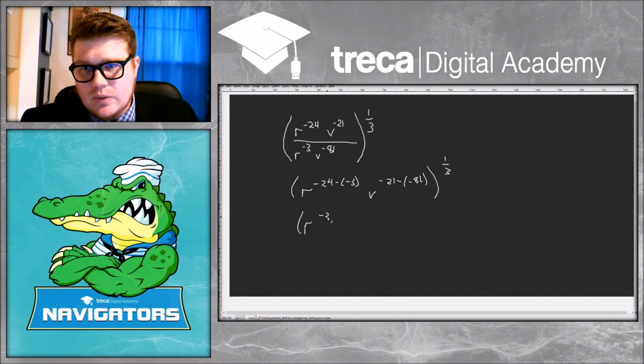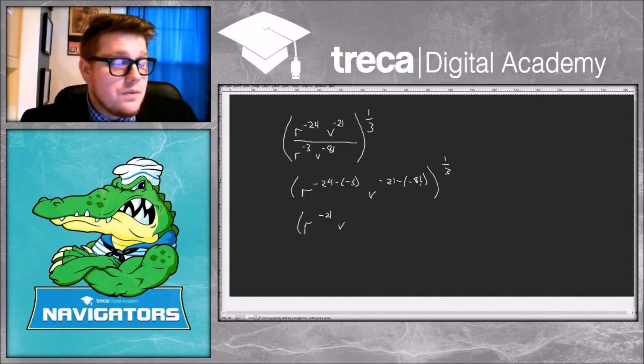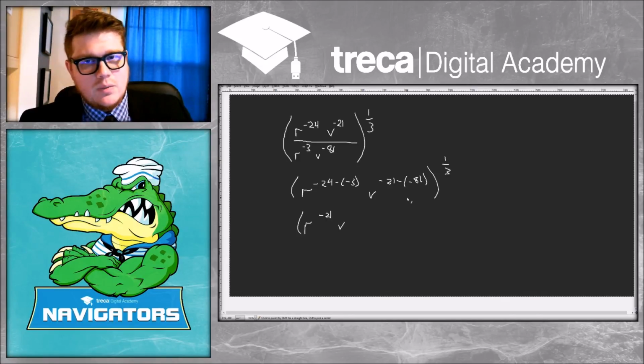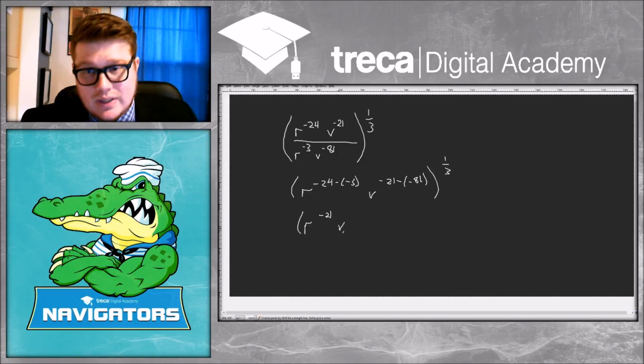So we have r to the negative 21st. For v, negative 21 minus negative 81 is the same thing as plus 81. Negative 21 plus 81, you've got 21 to get you back to 0, and then you've got 60 more on top of that. v to the 60. And then we're going to take this to the 1/3.